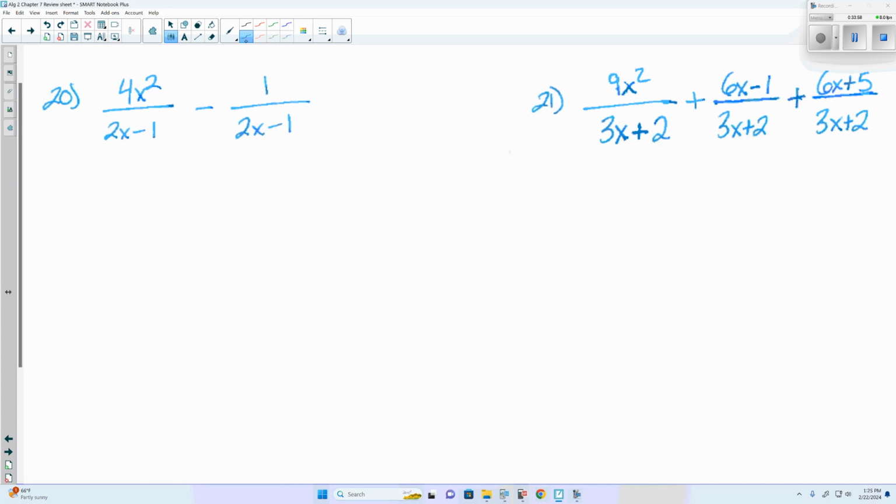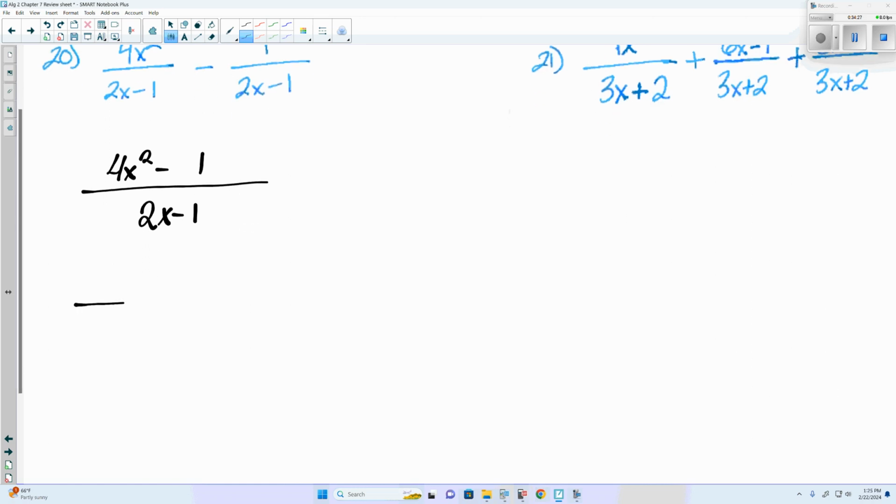So here the two denominators are 2x minus 1, and since they're both the same already, yes, we can just subtract the numerators. Now we would normally put parentheses when we subtract the numerators, but since they're both a single term, we don't need them.